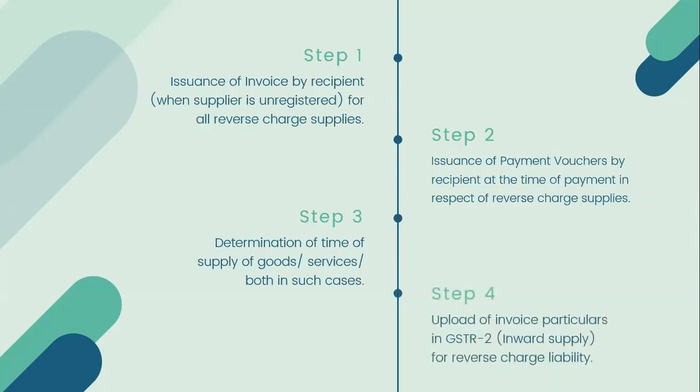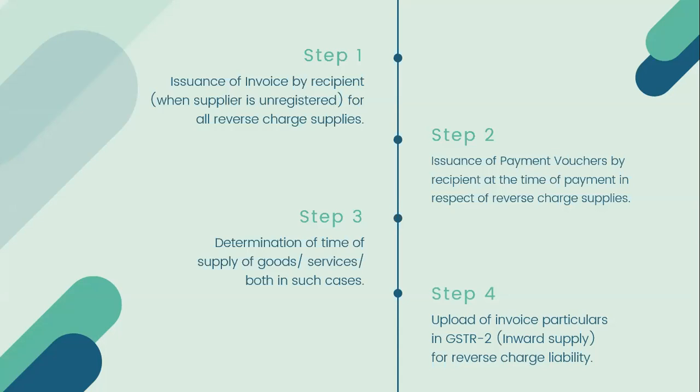Then step 4 is the upload of invoice particulars in GSTR2, that is of inward supply for reverse charge liability. The supplier of goods or services is required to file GSTR1 and mention the supplies attracting tax on reverse charge basis in entry 4B as discussed earlier.